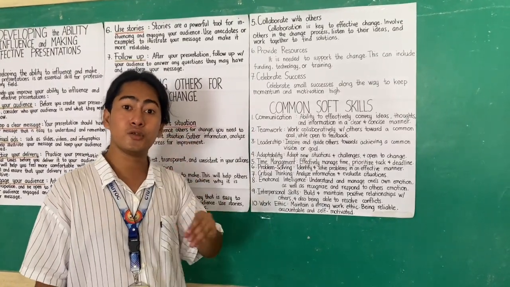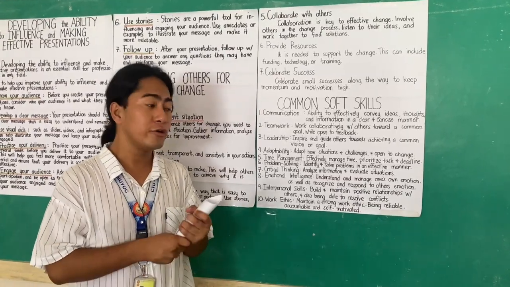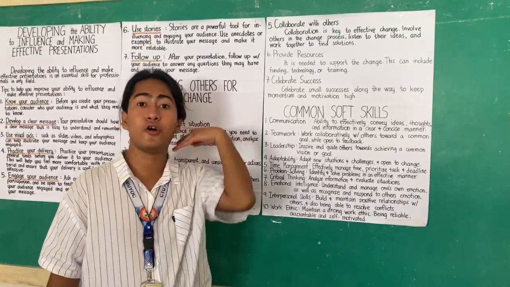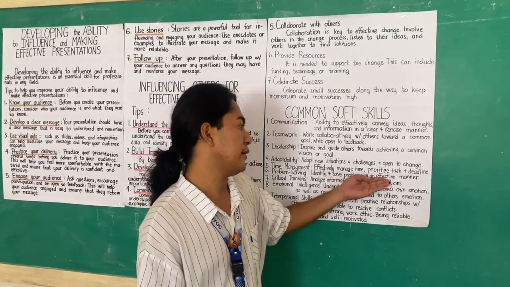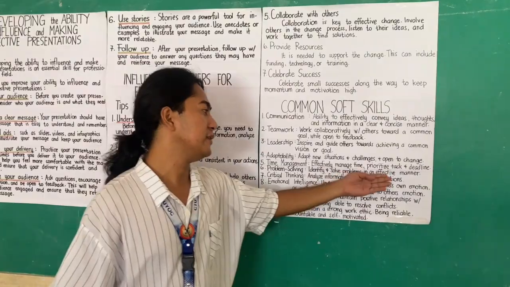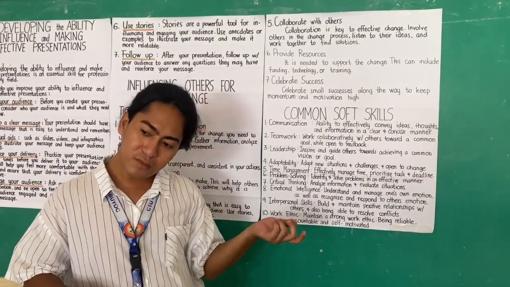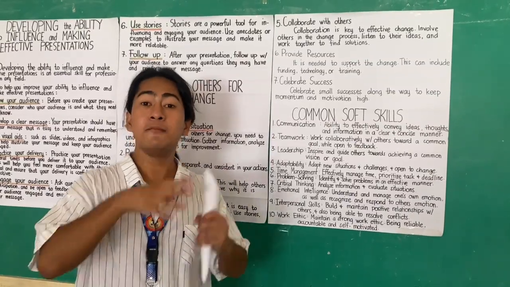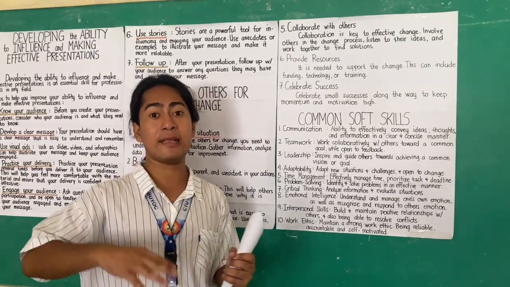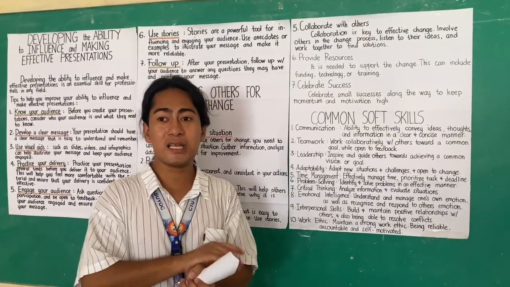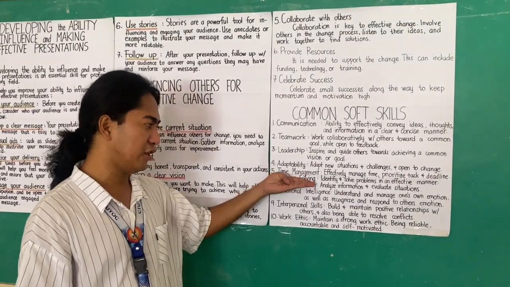So you should do your assigned task in order to achieve it in the deadline. You should do it before the deadline, so you don't rush at the last minute, something like that. So the next one is problem solving.